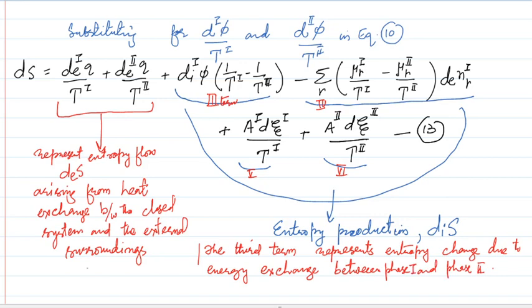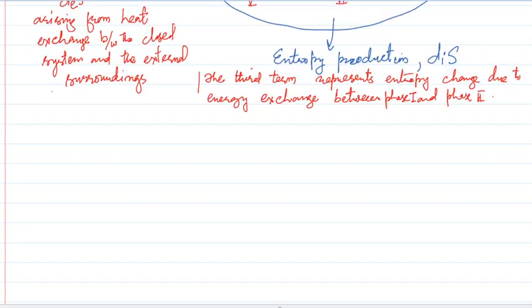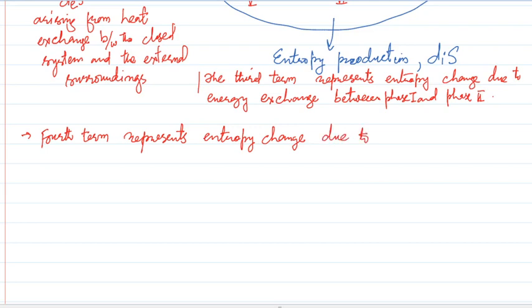Also this fourth term represents entropy change due to the exchange of matter, simply between these two phases.